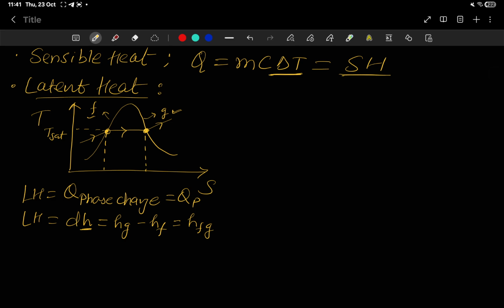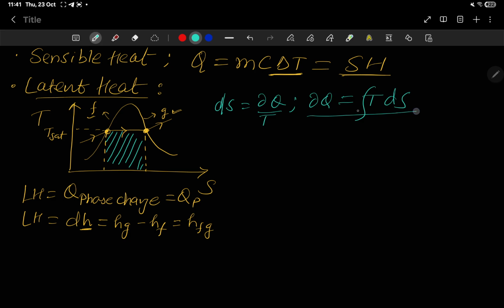And a similar thing we can explore if this is the TS curve. We know that the area under the TS curve gives the heat, because we know the change in entropy equals del Q upon T. So del Q will equal, for a reversible process, integral of TdS, right?